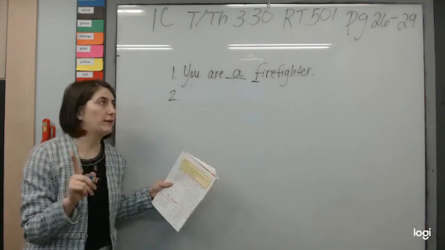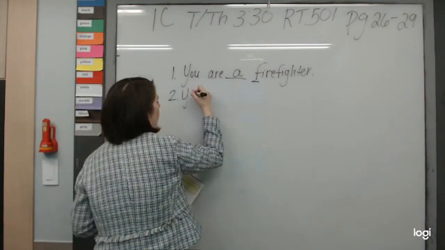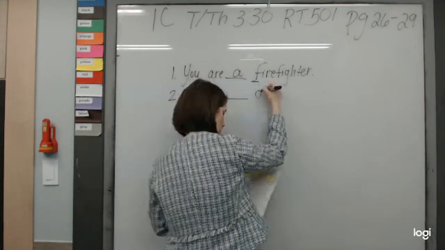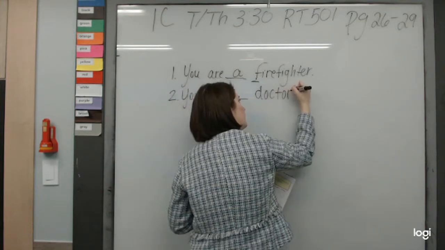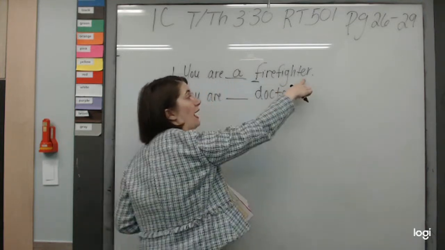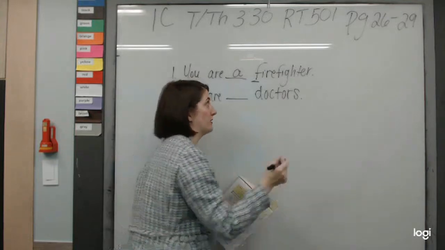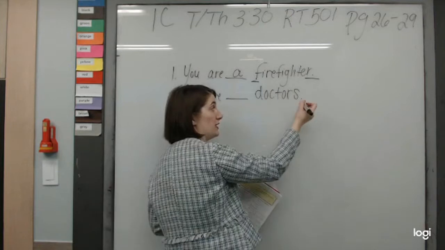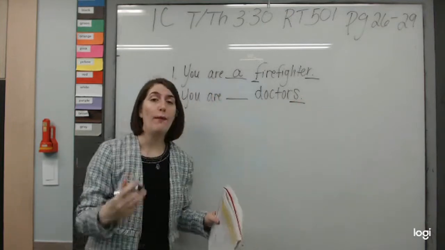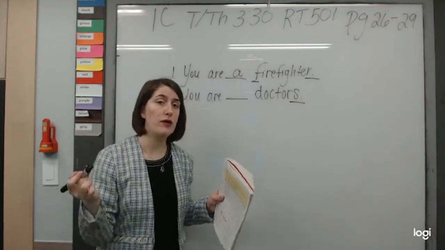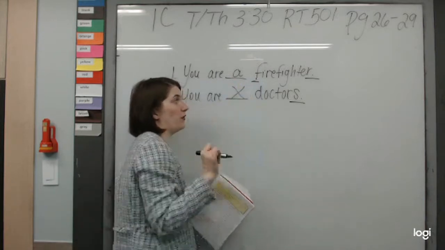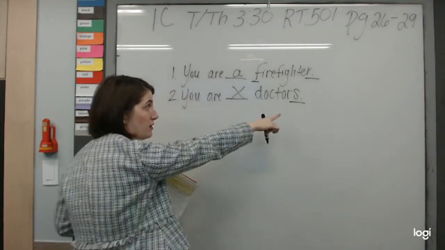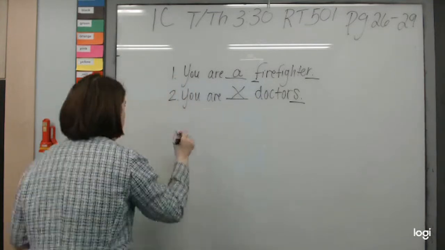Now, this is tricky because the difference between 1 and 2 would be the last letter of the sentence. Notice how firefighter does not have an S. No S, you can tell 1. But doctors, S. More than 1. And if there's more than 1, we don't use a or an. A or an means 1. More than 1, no. Okay?